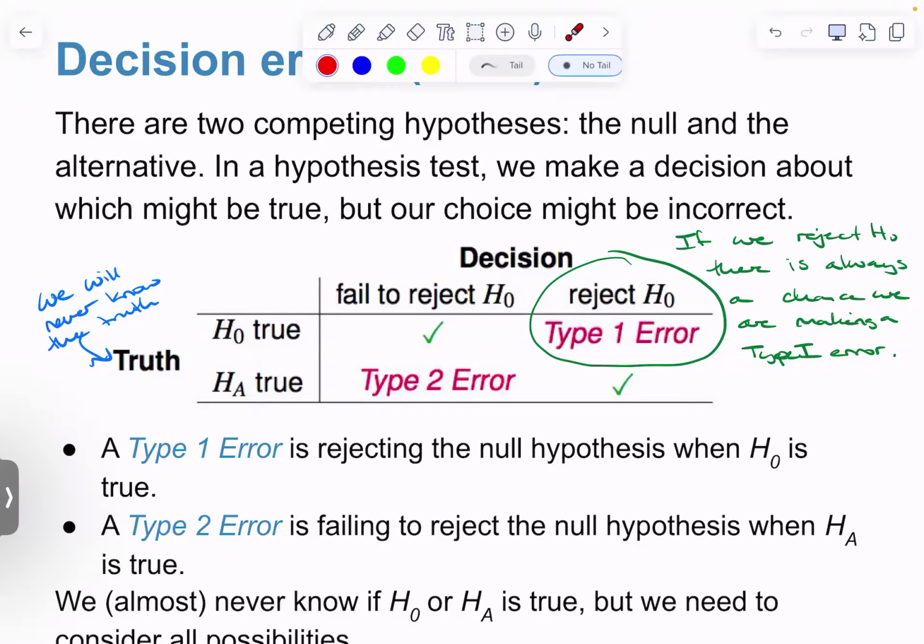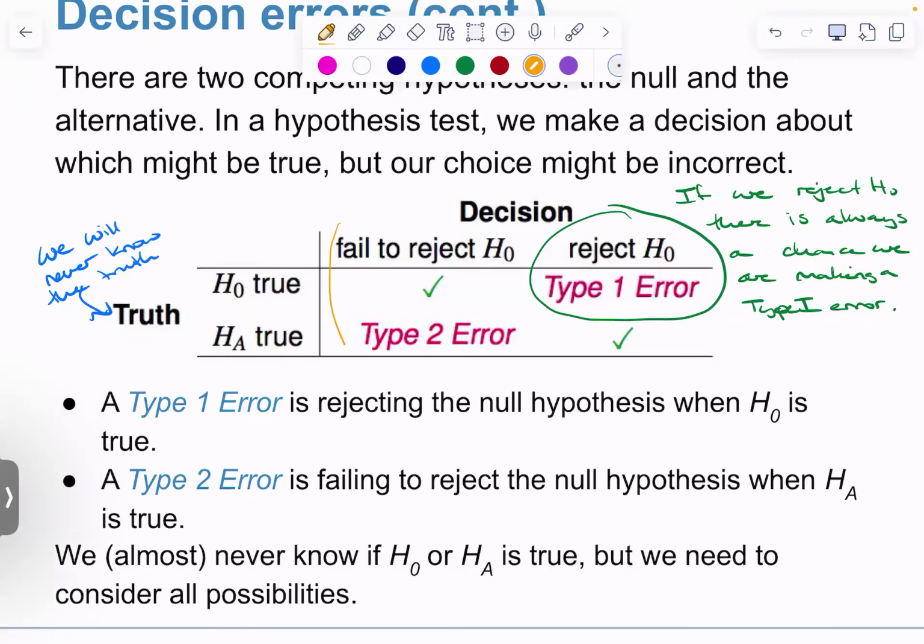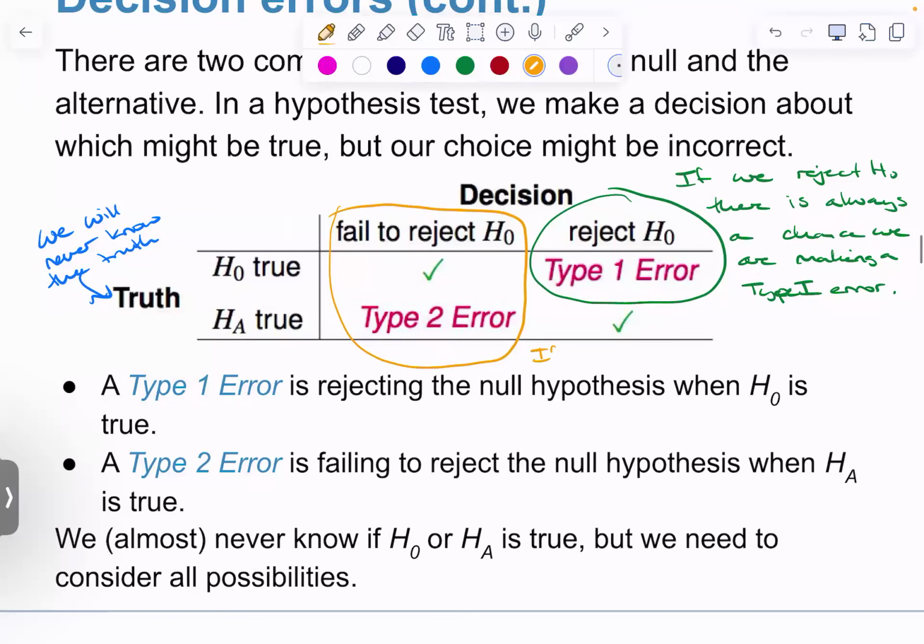And so again, if you fail to reject H naught, then there's always a chance that you're making a type 2 error. So if we fail to reject H naught, we could be making a type 2 error.